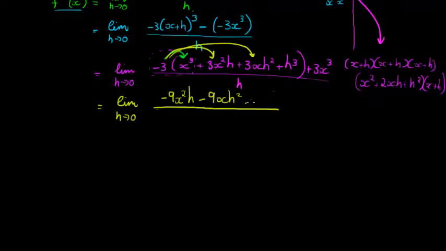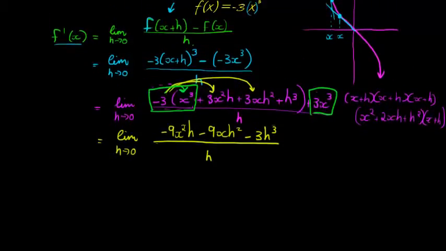And negative 3 times the last term gives me negative 3h cubed. First terms have cancelled and my denominator is still just h. Now you'll see if you've done this correctly, then your first term, the one that does not include the h, will cancel with the last term in this case. They will always cancel, and what we are left with is actually every term in the numerator with an h.